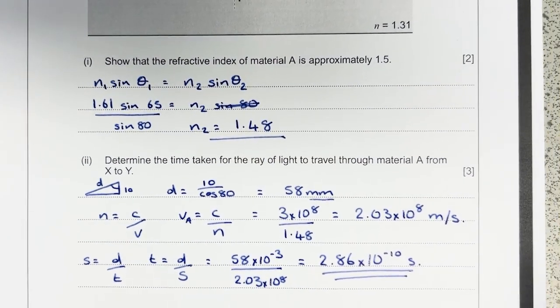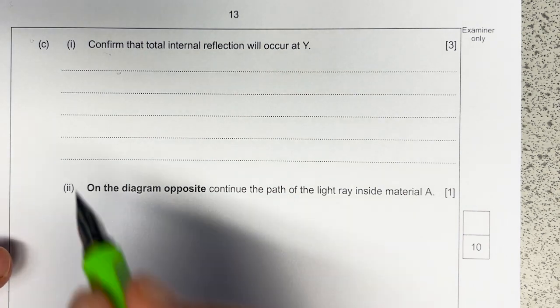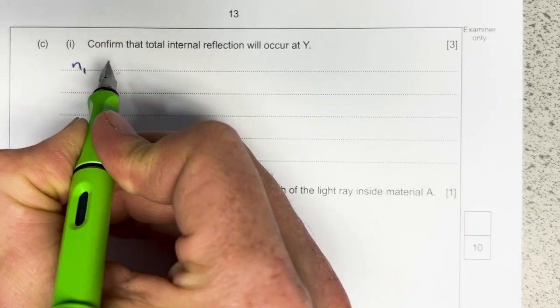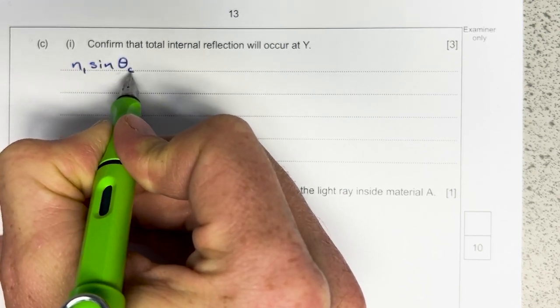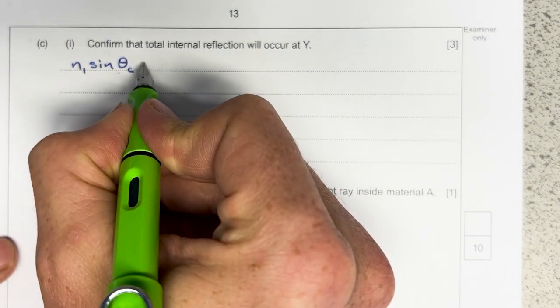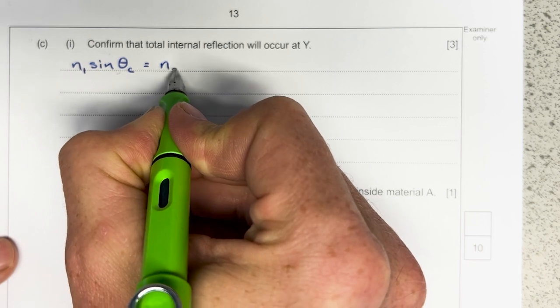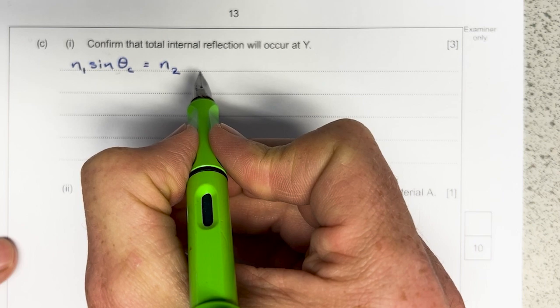Okay. Got a little bit more to do on the next bit here. Confirm that the total internal reflection will occur at Y. Again we're leaning quite heavily on the data booklet for this particular question. So let's just remember that n1 sine theta c, where theta c is the critical angle at which total internal reflection occurs, is equal to n2.